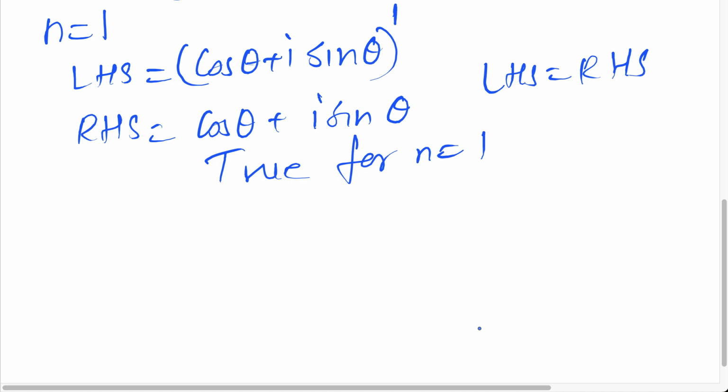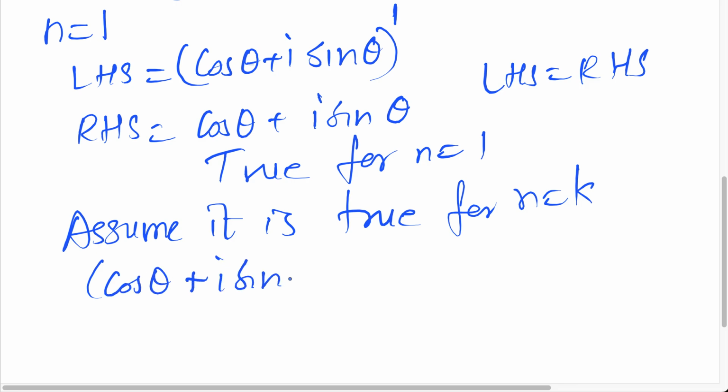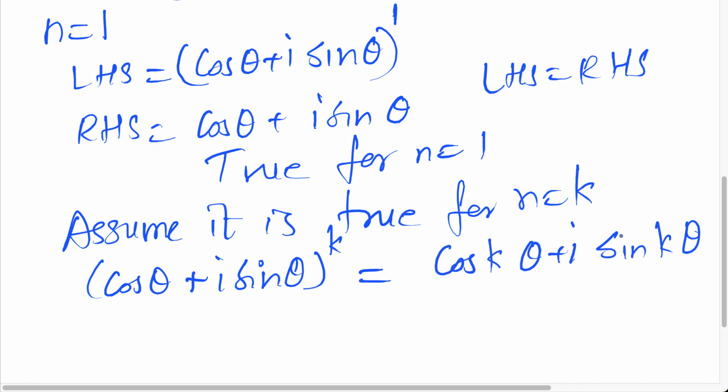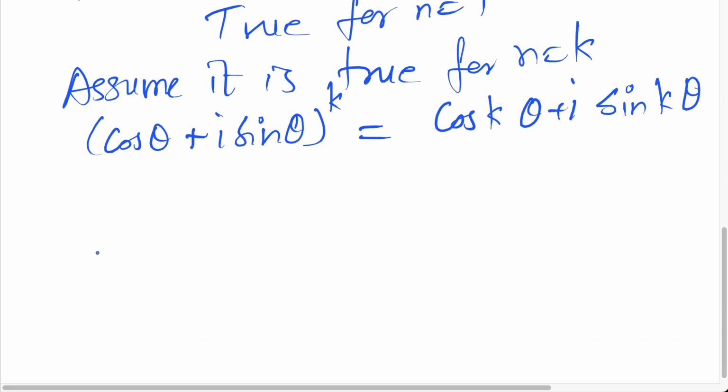Okay, and now we are going to assume it is true for n equal to k. So according to the rule, it says (cos theta plus i sin theta) raised to k must be equal to cos k theta plus i sin k theta. That's what the theorem says, and I'm assuming it is true for n equal to k.